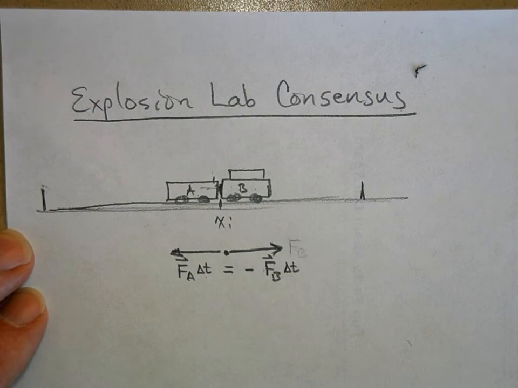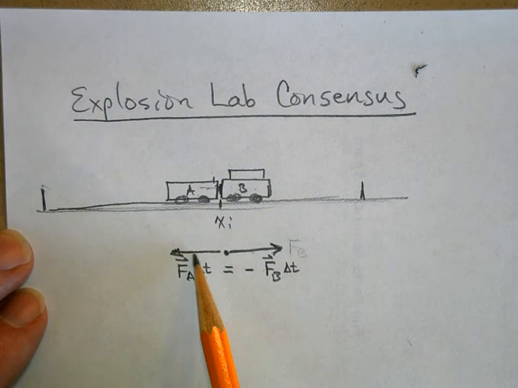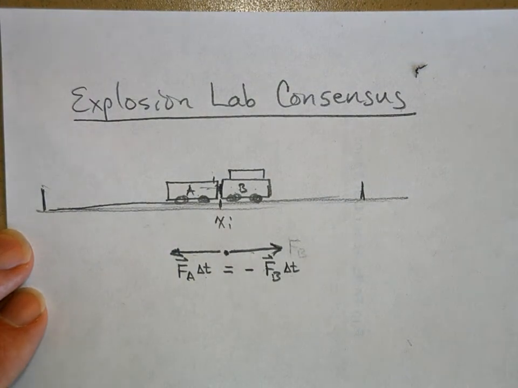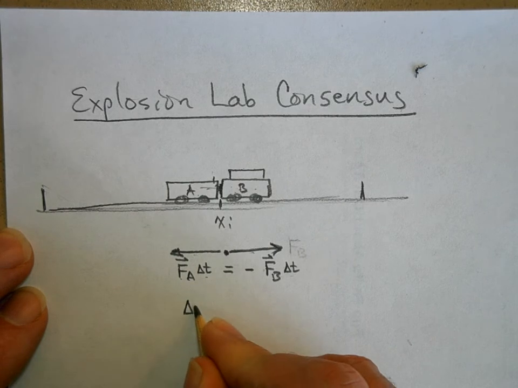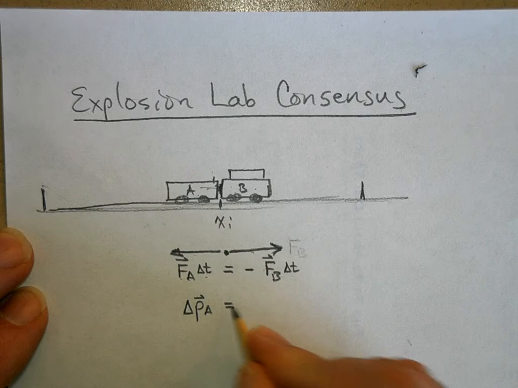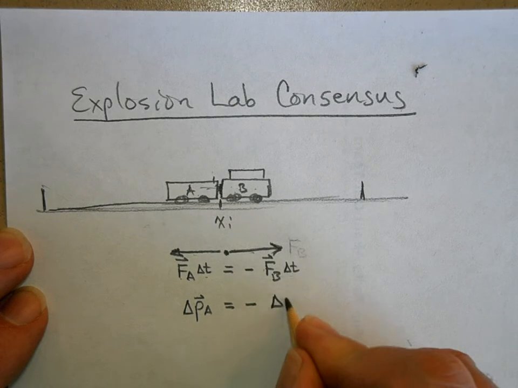One of them is Newton's third law. We're saying this is true. And then another theorem we're going to use is, hey, force times time is impulse, and impulse is a change in momentum. So this represents the change in momentum of car A. Must be equal, but in the opposite direction to the change in momentum on car B.